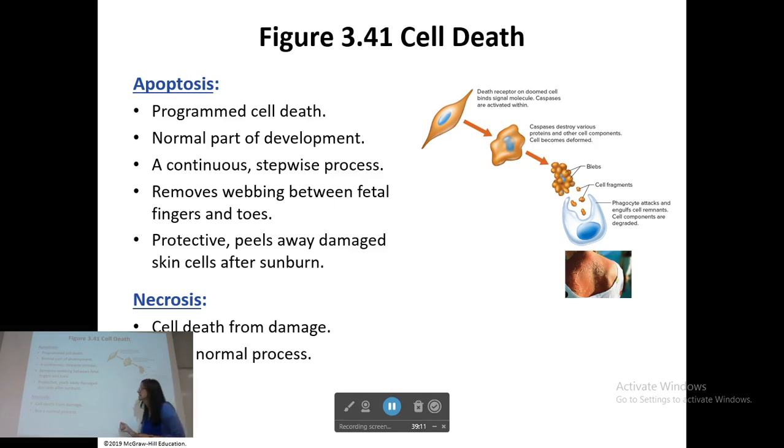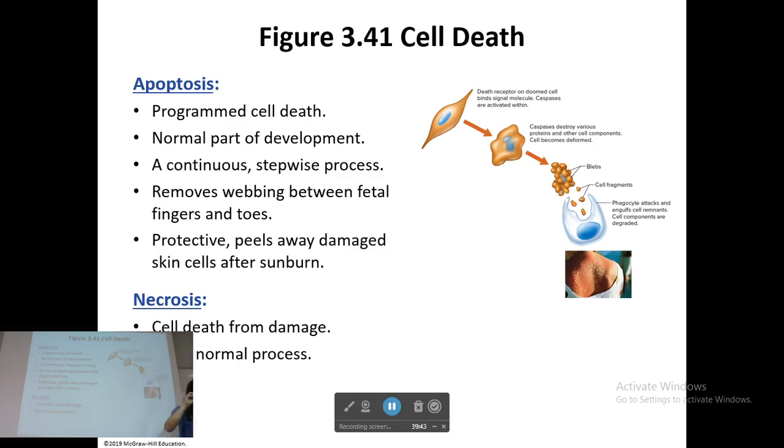Okay, necrosis is cell death from damage. That's not a normal, living process; something's damaged. And here you have that sunburn with the cells dying. So the death receptor on the doomed cell binds to a signal molecule, and it starts to cause the cell to form these little things called blebs.